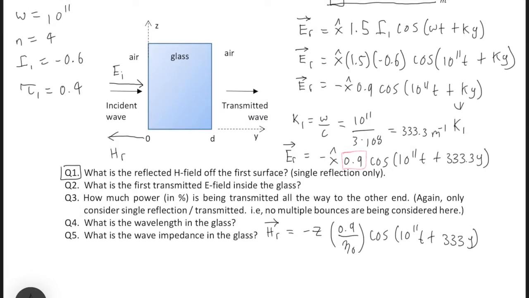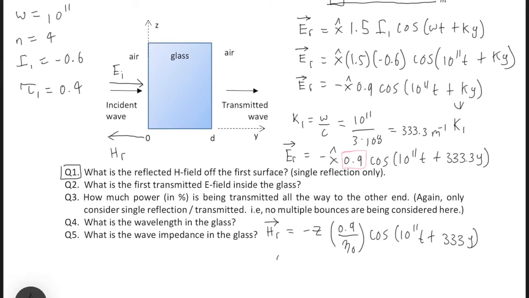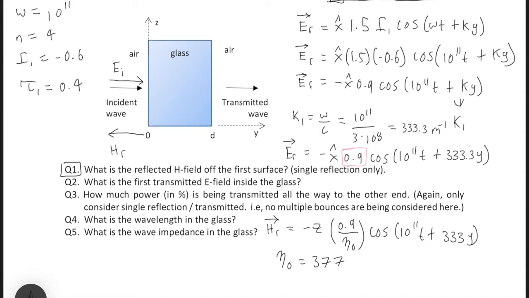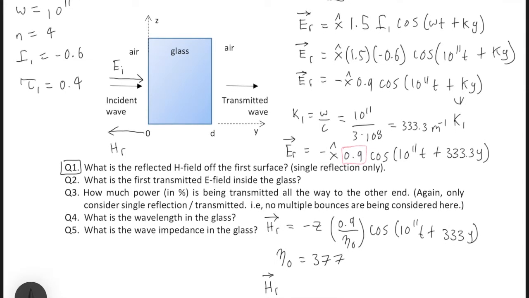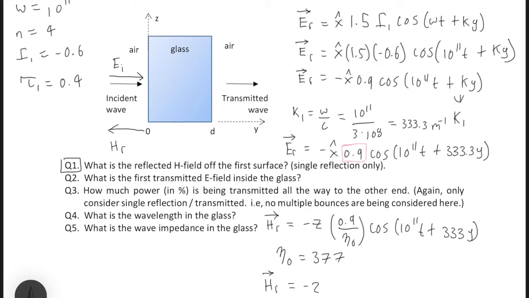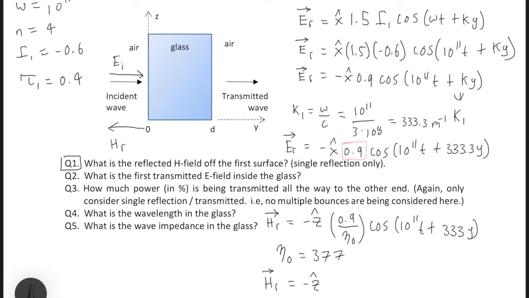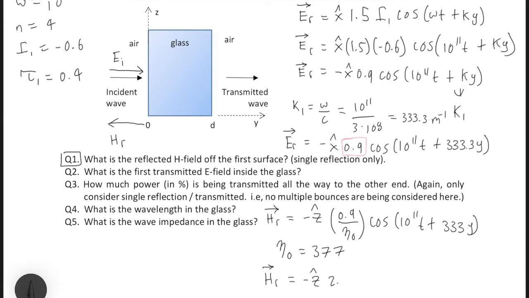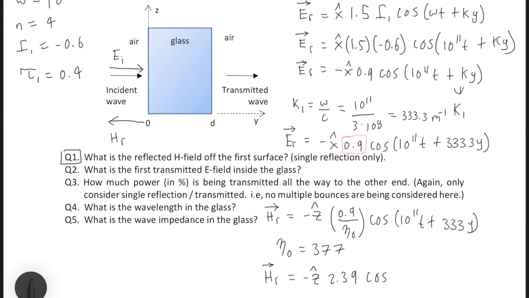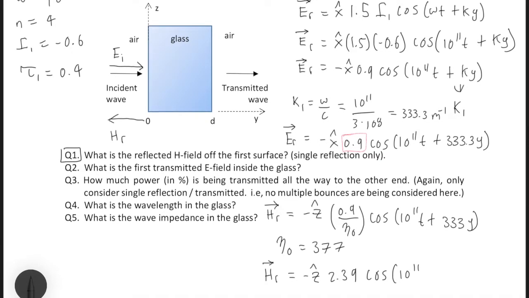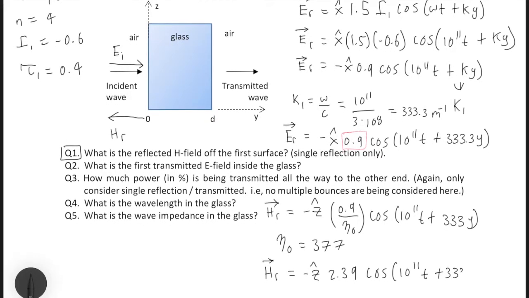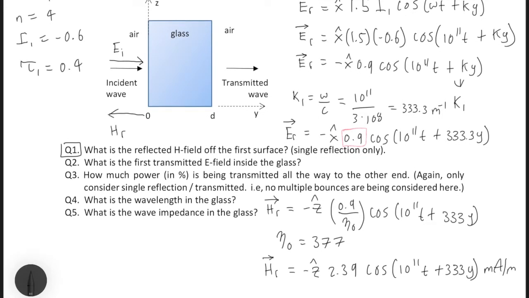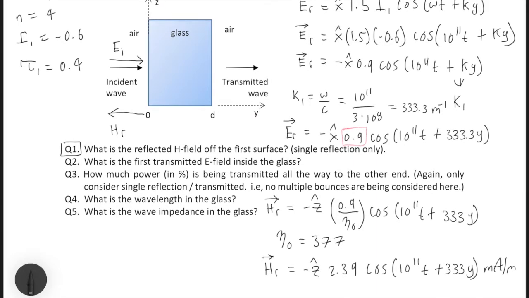Eta for this problem is equal to 377. So then our final answer will be H R vector, negative z hat, can't forget the hat because it's a unit vector, is equal to negative z hat 2.39 cosine 10 to the 11 t plus 333 y milliamps per meter. So that's the units for our H field reflected.